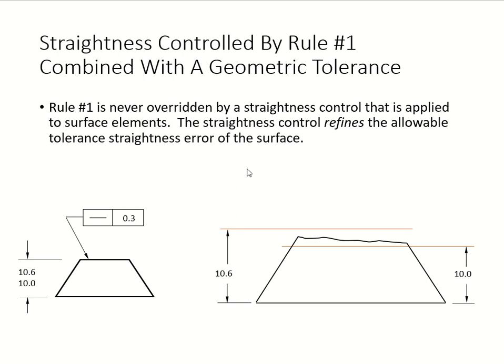All right, and then we are going to combine rule 1 with the geometric tolerance. Now we're going to bring in our control frame right there, and we have a geometric tolerance of 0.3 right here, dealing with top to bottom. Here are our two parallel lines, and this is our surface. This geometric tolerance gives you the allowable straightness tolerance on that surface.